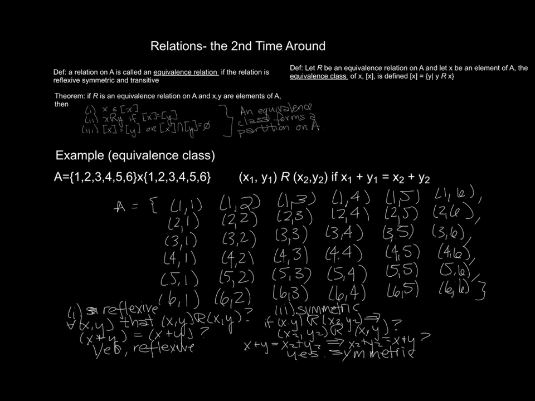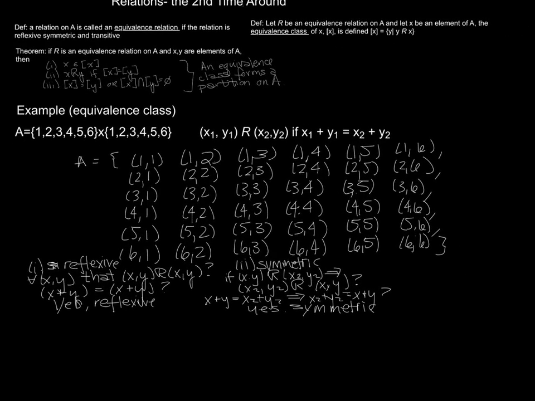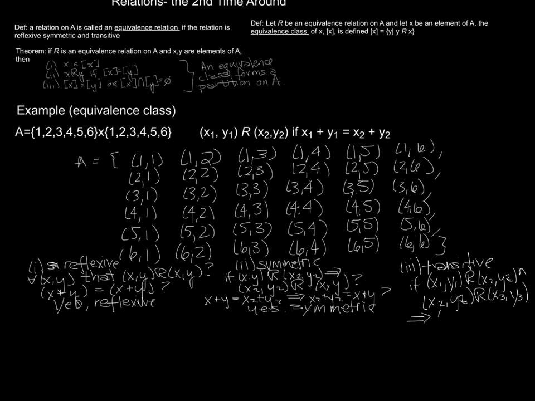And I need some space, so I'm going to shrink this over. And we'll ask last, is it transitive? Because I wanted to verify this is an equivalence relation. So if x1, y1 is related to x2, y2, and x2, y2 is related to x3, y3, does that imply x1, y1 is related to x3, y3?